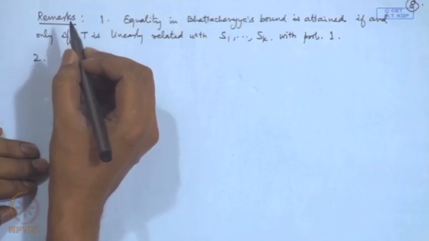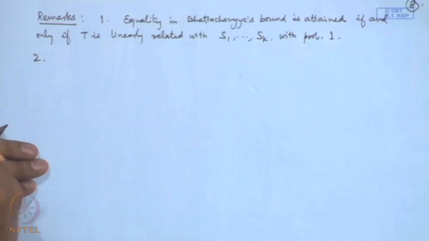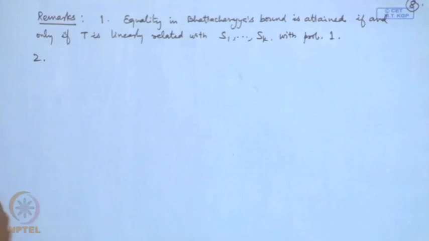Then we have observed that Bhattacharya's bound is sharper than the Cramér-Rao lower bound. Why? Because the Bhattacharya bound is using the multiple correlation coefficient between T and S1, S2, up to Sk, and the Fréchet-Rao-Cramér lower bound has only the correlation between T and S1. So, certainly this multiple correlation coefficient will be higher than that.